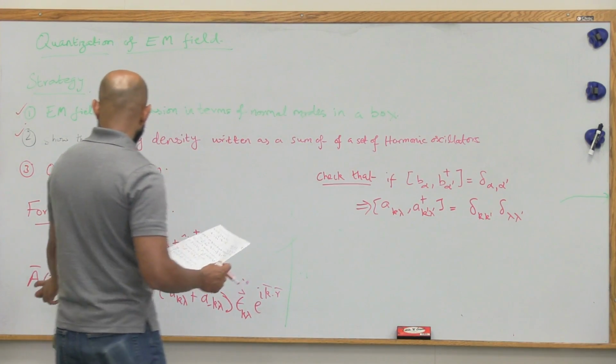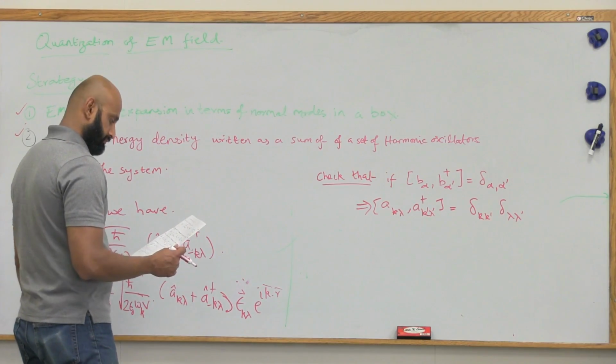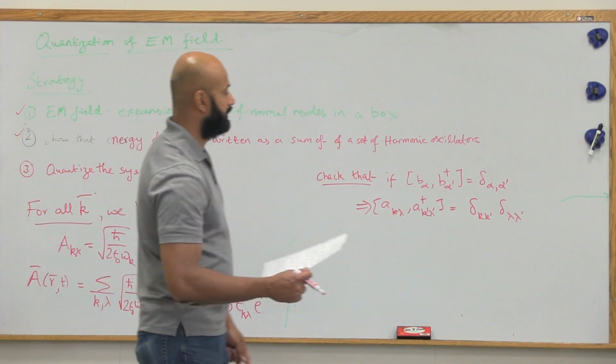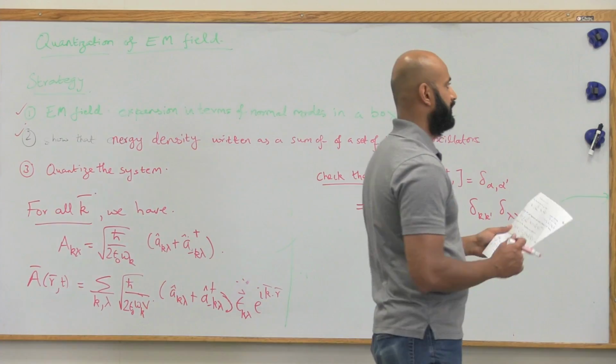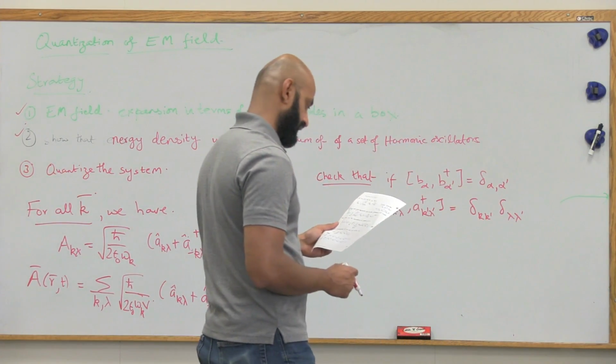Okay, so we've written down now the expression for the vector potential, and remember I told you that the Hamiltonian was written as a sum over k, λ, σ for kz greater than 0 in this form: d_kλσ dagger d_kλσ plus 1/2.